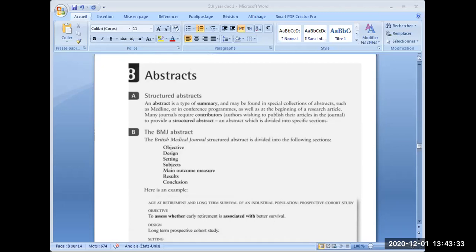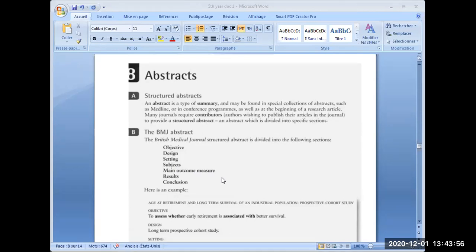An abstract which is divided into specific sections. The specific sections of an abstract are the objective, the design, the setting, the subject, the main outcome measure.